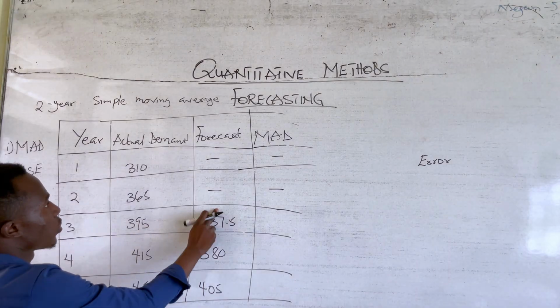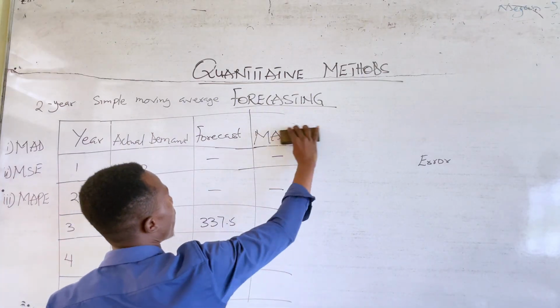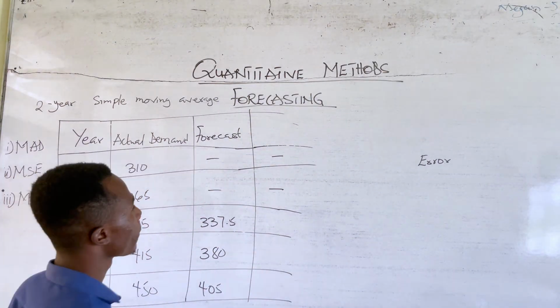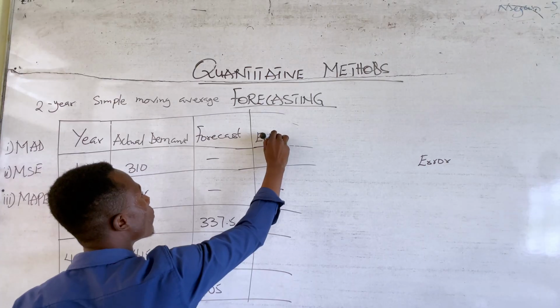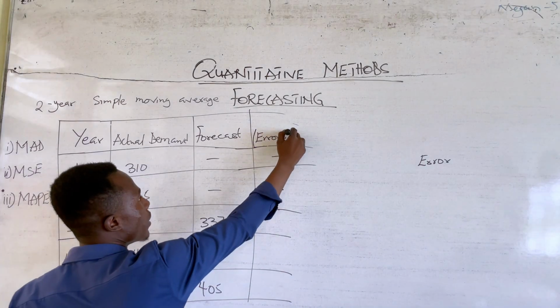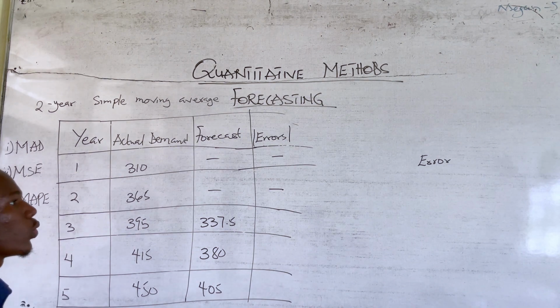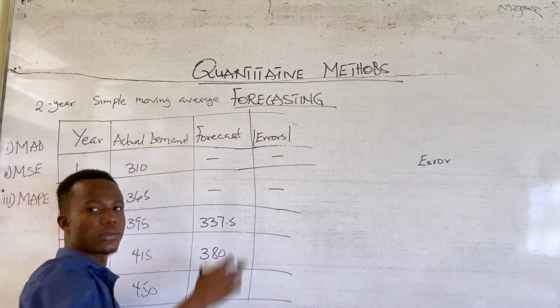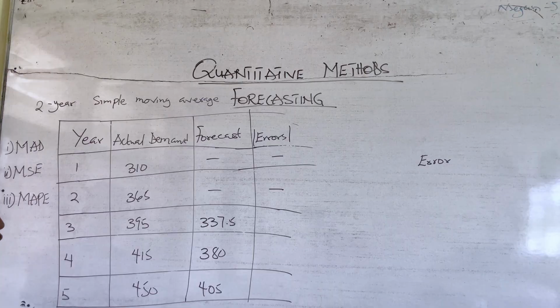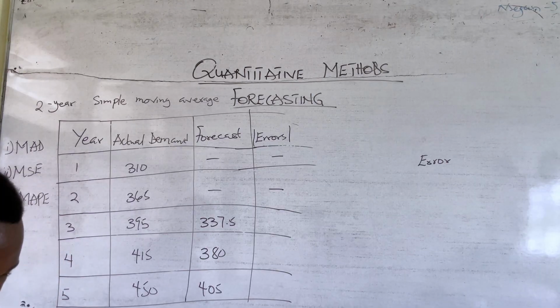So the actual value minus what? The forecasted value, right? But here we are going to take the absolute value. Yes, because of time, I don't want to calculate the errors before we take the absolute value. So whilst calculating the errors, let's take the absolute value straightforward. Okay, so here let's calculate the error. We have 395 minus 337.5, right?